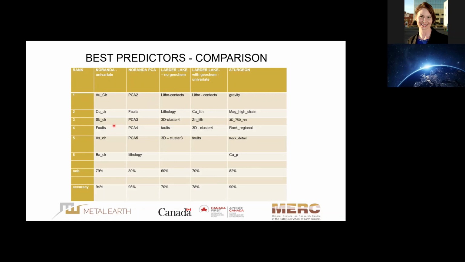And you can see, read across and get an idea of what are the best predictors. So the idea here really is, can we compare across transects in terms of the best predictors, the highest predictors? Can that tell us anything about geologic process that's happening that can shed some light on fertile versus non-fertile belts? So we haven't done any thinking about this at this point, but this is just an idea the team is coming up with.